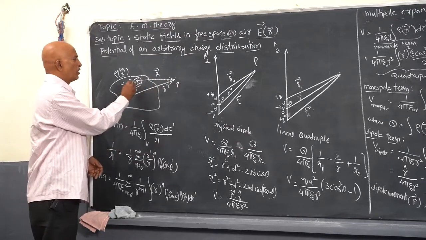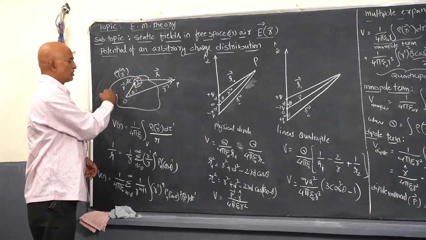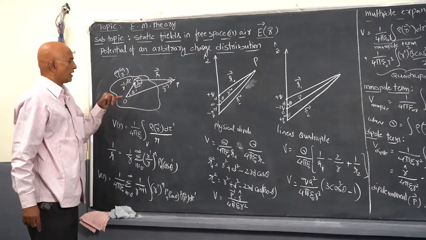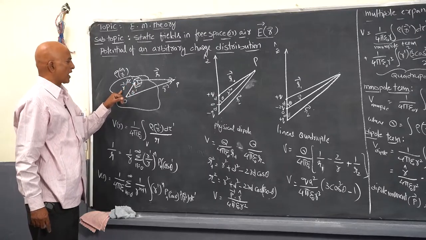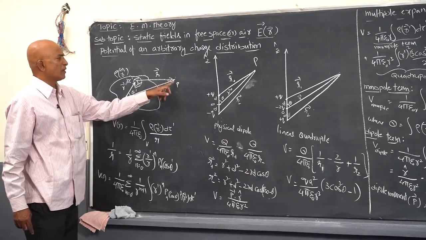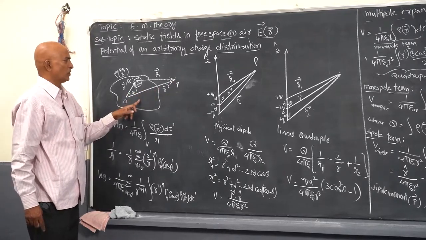I took a volume element d tau prime in this charge distribution, and the position vector of this source is given by the primed vector r prime, and the field point P is represented by the position vector r.